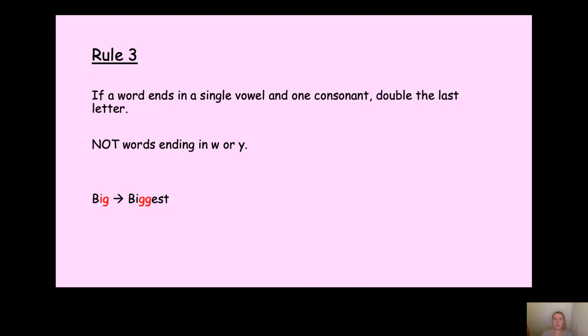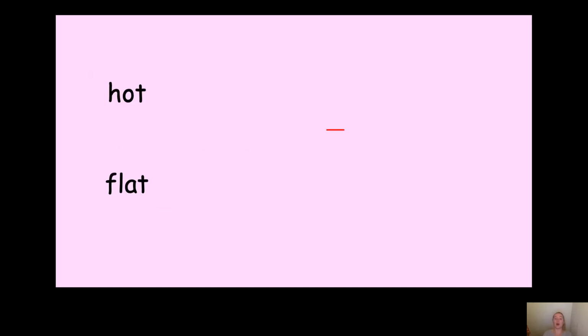Okay, let's look at some more examples. So here we have the word hot and the word now. Let's look at the word hot first. What does it end in? Does it end in a vowel? Or does it end in a consonant? Yes, that's right, it ends in a consonant. T is a consonant. Now, I'm going to look at the letter that is before the consonant, and that is an O. Now, we don't have a vowel digraph here.